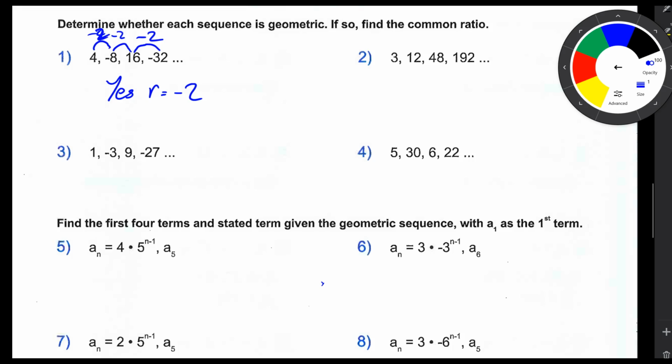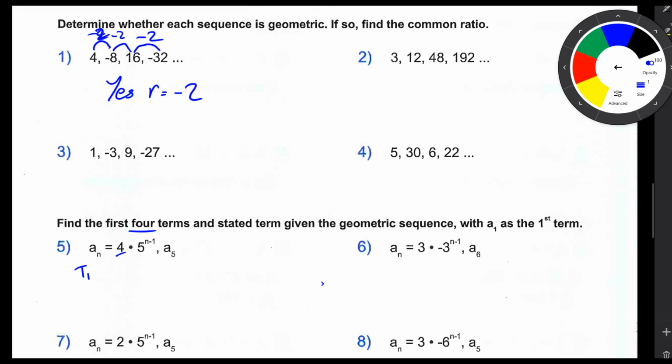Here we're trying to find the first 4 terms. Okay, so we're given a formula. Okay, and this is how we use that formula. Term 1 is 4 times 5, and we replace our n with 1, so we get 5 to the 0, which is 1.